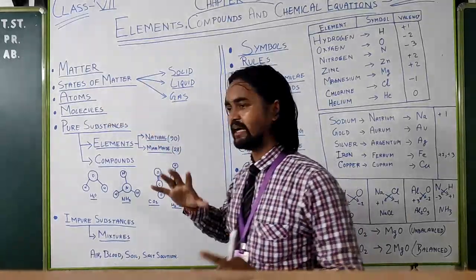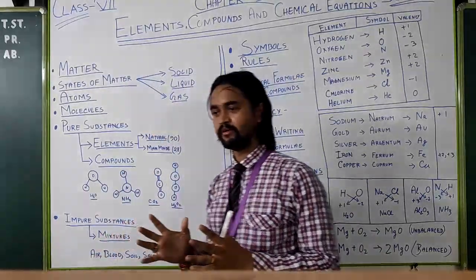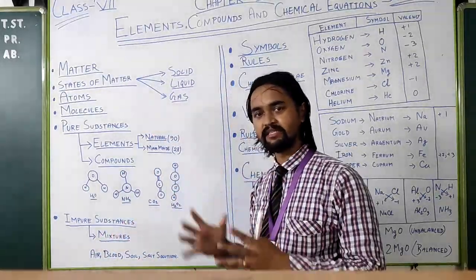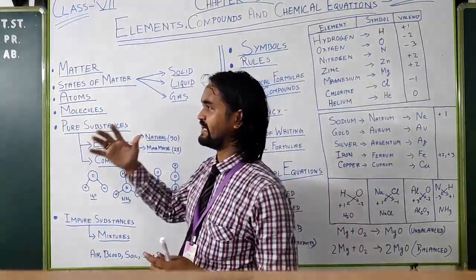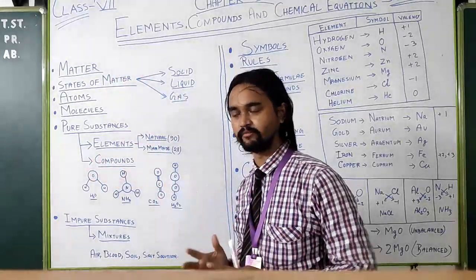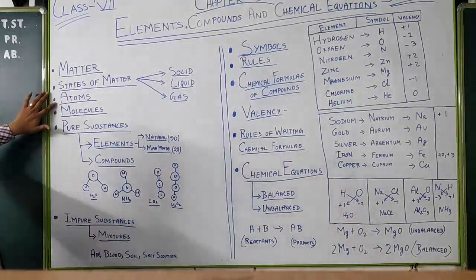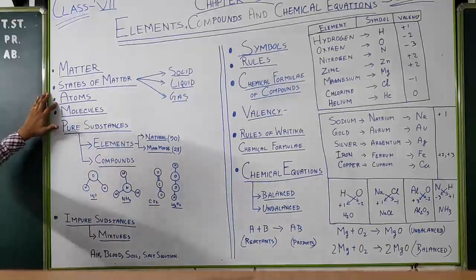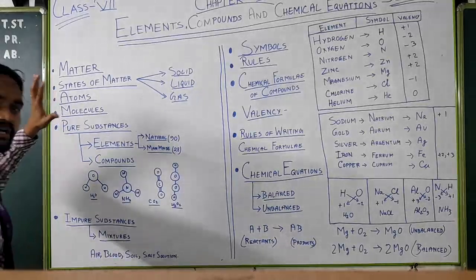And if the matter is made up of different types of atoms, different shapes, different sizes, different masses, then we say that the matter is made up of heteroatoms. So, atoms are the tiny particles that carry the property of the matter.